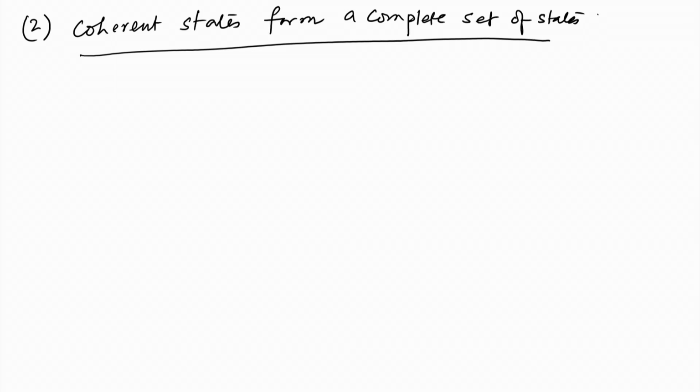So, even if they are not orthonormal to each other, they still form a complete set of states, which can be shown by showing that summing over the coherent states, this gives 1, and so on. So, these are some of the properties of the coherent states. Let us now go to study what are called squeezed states.